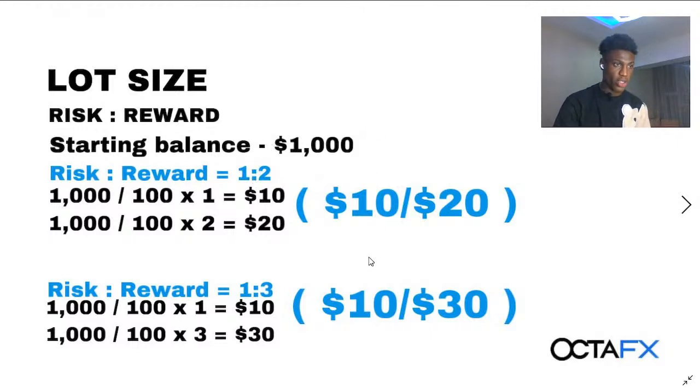Now, before you hop on a trade, it's important that you know how much you're risking on that trade. You don't want to just open trades unnecessarily or open trades without a profit target or without knowing how much you're risking for that trade. That is why most traders still lose money. So you need to know how much you're risking on a trade and how much you're going to be profiting on that trade, but most importantly, how much you're risking, right?